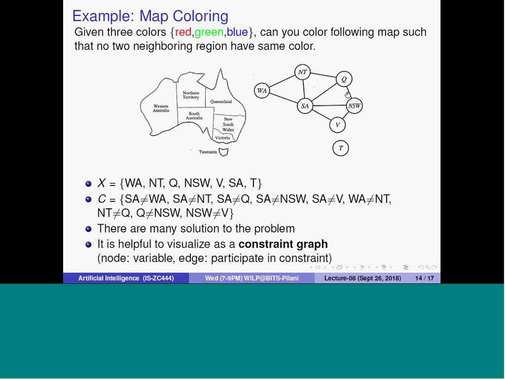If there is a constraint, you put a link. The constraints here are not found based on vicinity, as in whether there is a road or not. If the constraints are given, you just put a link where a constraint exists. So this is the constraint graph. Do you understand what a constraint graph is?